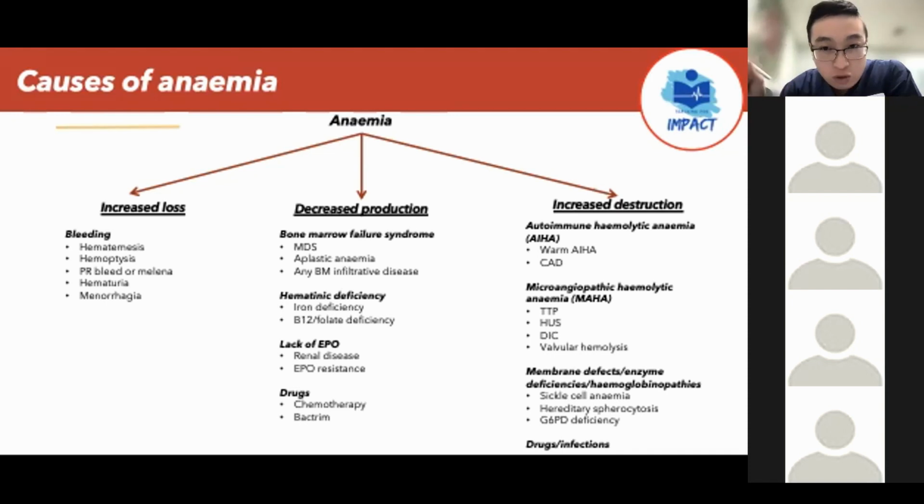So this is a cause of extravascular hemolysis because it's not technically in the blood vessels. It's in the spleen that this hemolysis happens. And it typically causes spherocytes; you see spherocytes on blood film. And it's called warm autoimmune hemolytic anemia because IgG autoantibodies, which are the culprit antibodies, are most active at 37 degrees, so at warm temperatures.